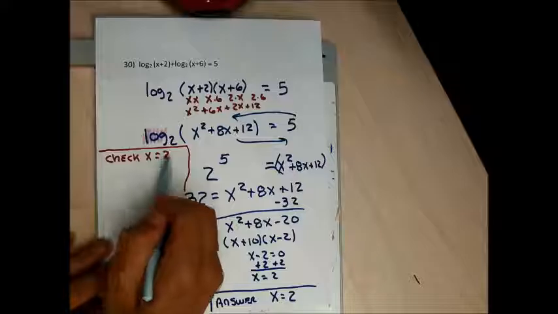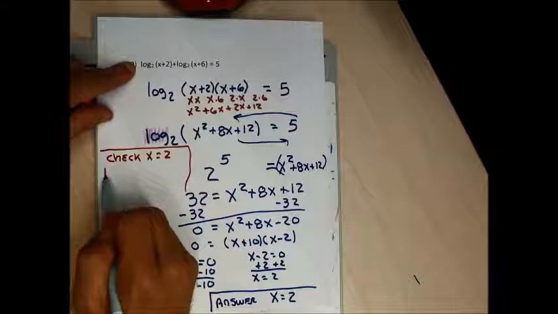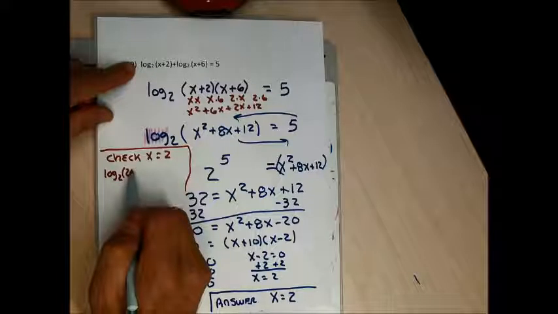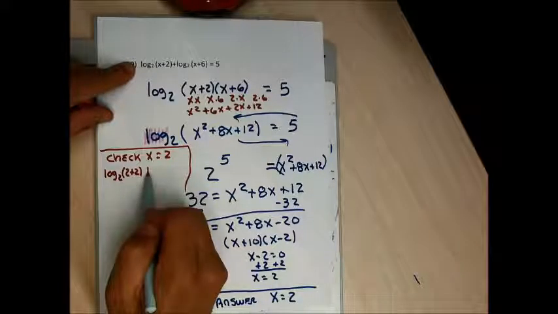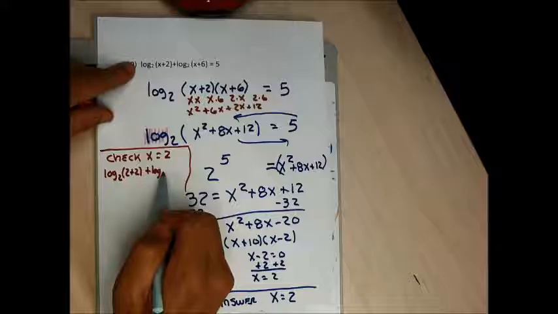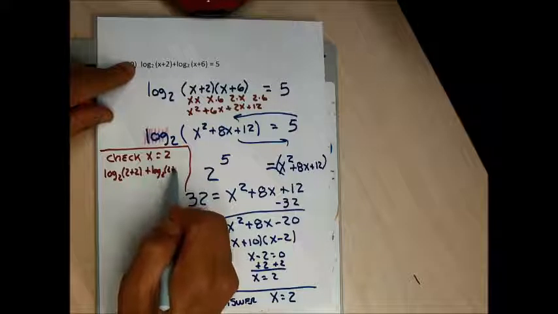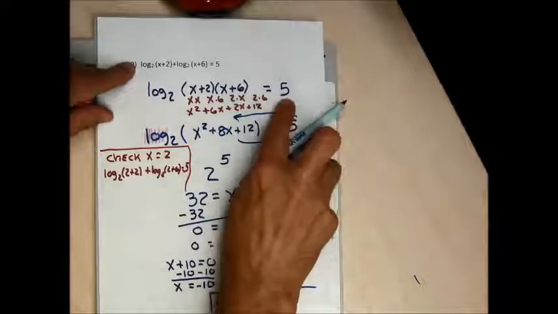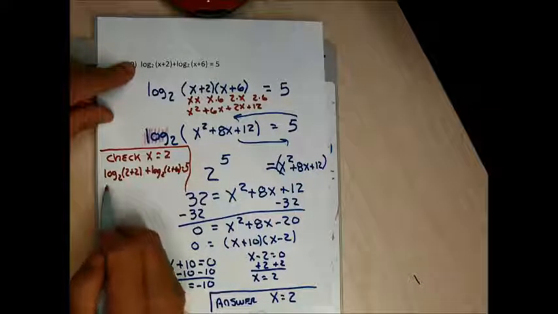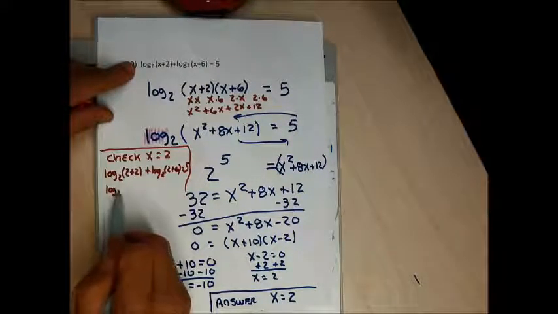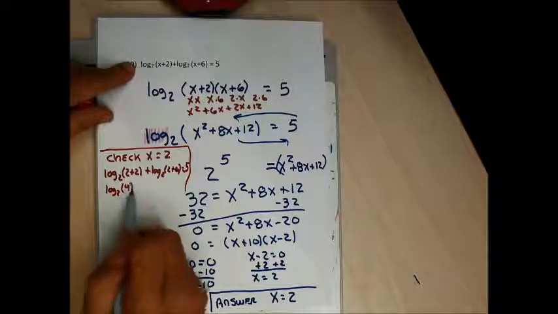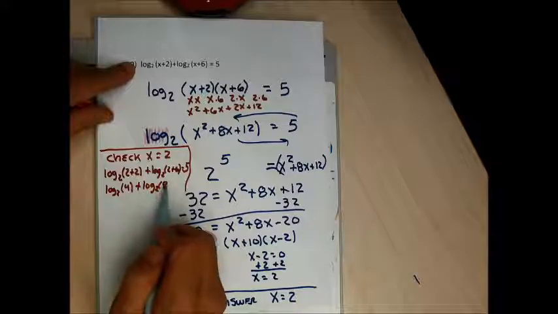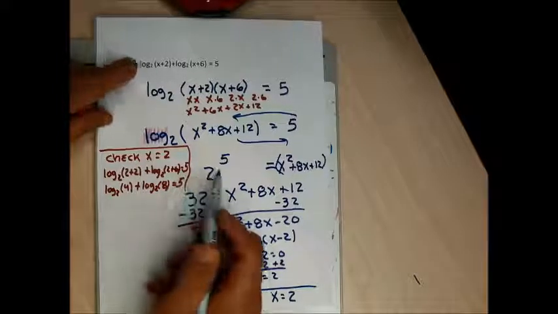To check x equal to 2, I'm going to plug a 2 in for both x's. So I'm going to get the log base 2 of 2 plus 2 plus the log base 2 of 2 plus 6, and that's supposed to equal 5 because the right-hand side is 5. Before I use my calculator, I'm going to rewrite this as a log base 2 of 4 plus the log base 2 of 8, and that's supposed to equal 5.